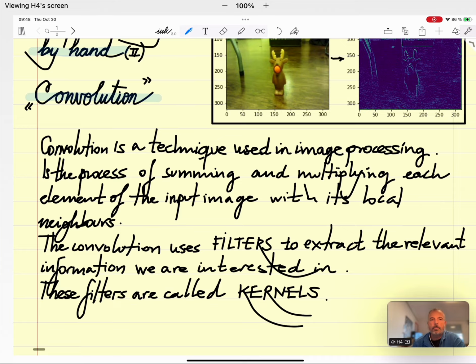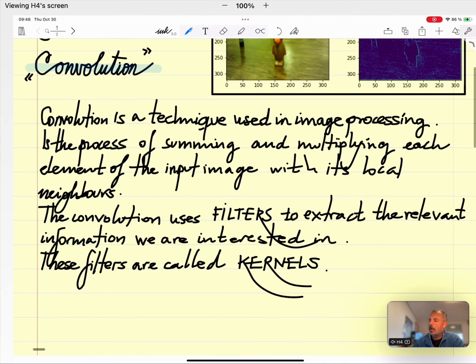Kernel is a German word meaning core. It comes from algebra. A kernel has different meanings in information technology, in IT.